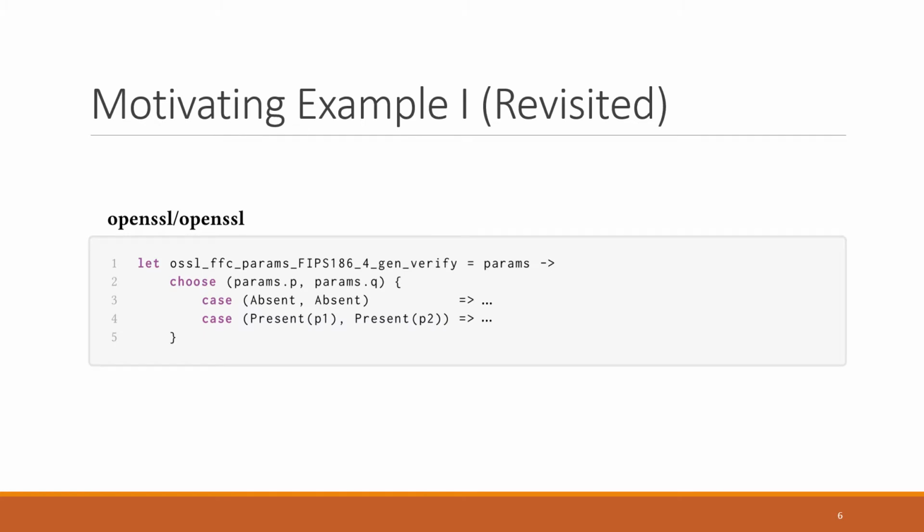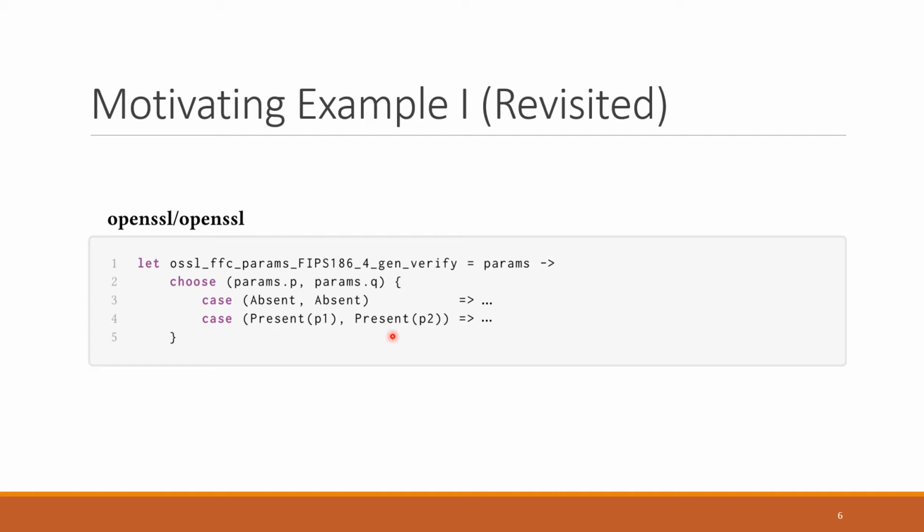Okay, so in this work, we propose a method whereby we can capture such relational nullable programming patterns in a safe way. So the idea is that, looking back to the OpenSSL example, we introduce a new programming construct called choose, and then you simply write the cases you're interested in, omitting any other cases. Now in this programming construct, I've written here absent and absent corresponding to null, and I've written present and present here corresponding to non-null.